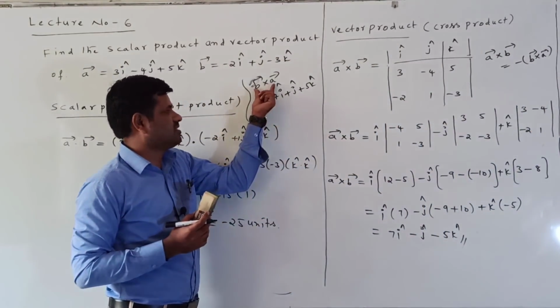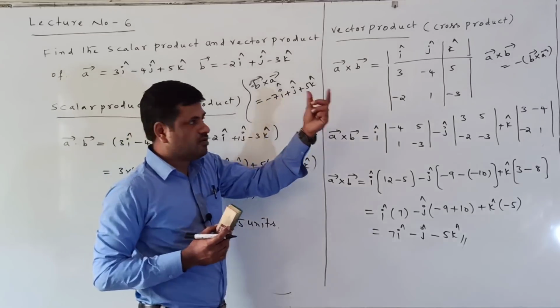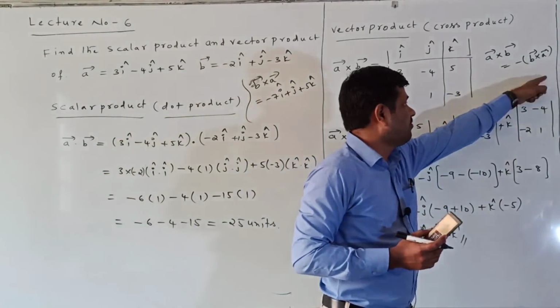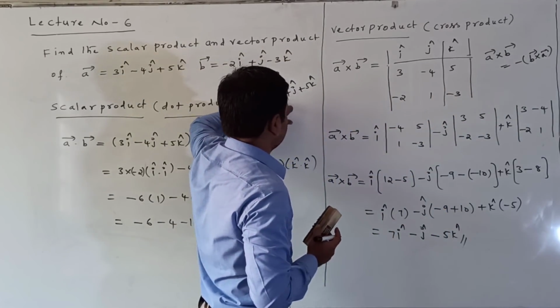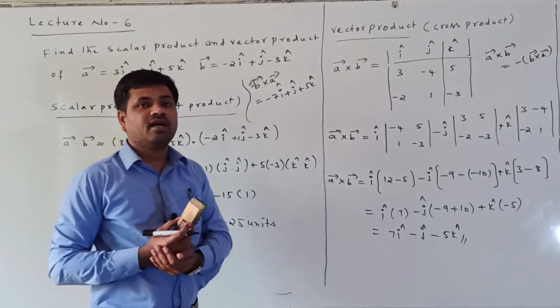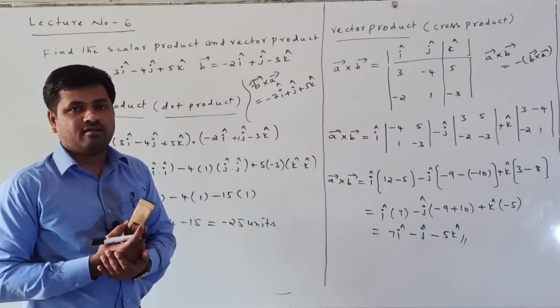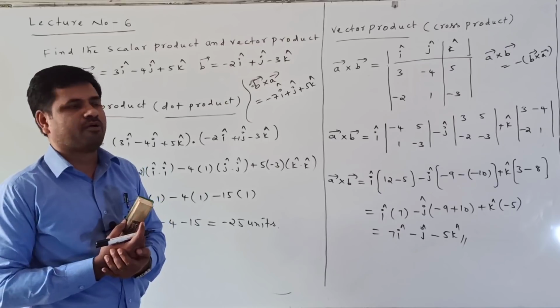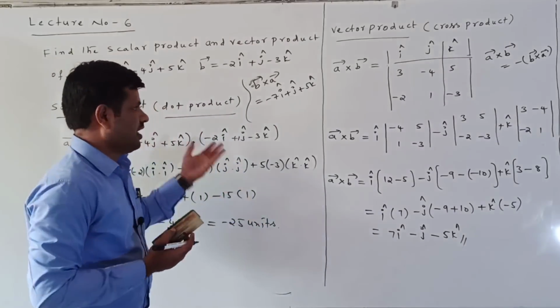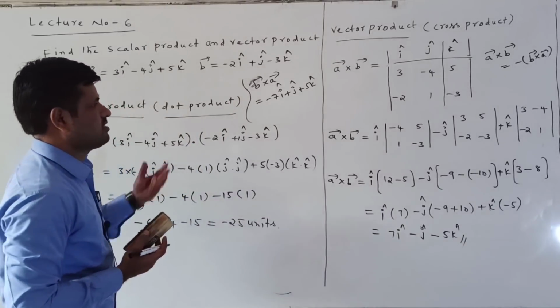Both are equal. From this we say that the vector product or cross product does not follow the commutative law. We are getting a bar cross b bar is equal to minus b bar cross a bar.